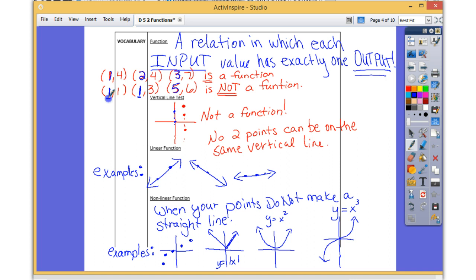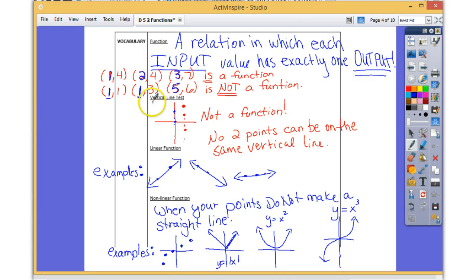Here, this one and this one, the X, I have a domain that's repeating. So this domain has the output of a 1 and a 3. Not possible. That's not going to make a function on your graph, okay? Not a function. So if the domain repeats, not a function.